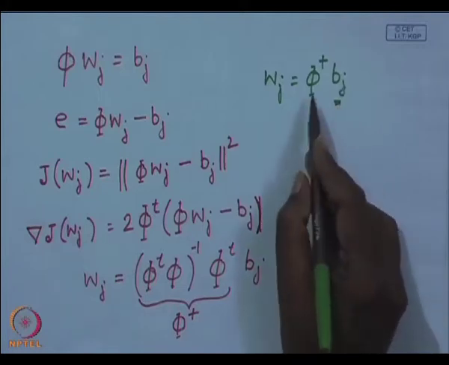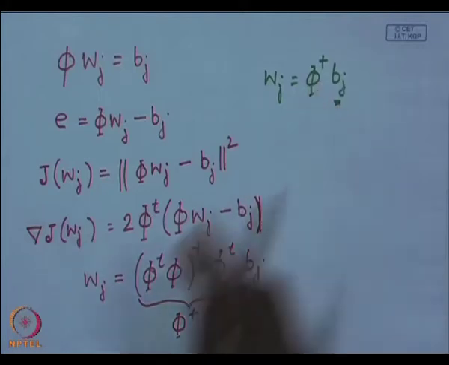So, I have this vector b j. Phi actually indicates what should be the output of the hidden layer nodes for every feature vector. So, from that I compute my matrix phi. Once I have this matrix phi and this b j, I can compute the connection weights from the different hidden layer nodes to the jth output layer node.